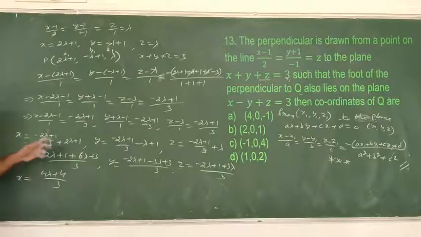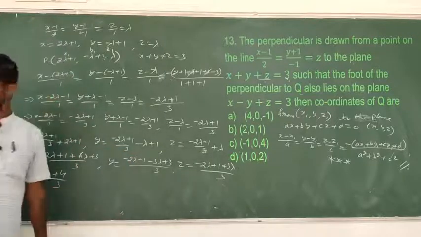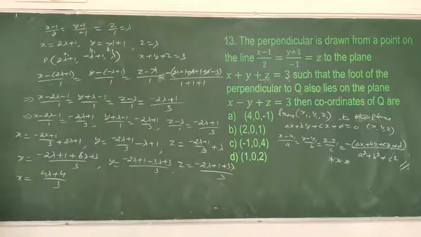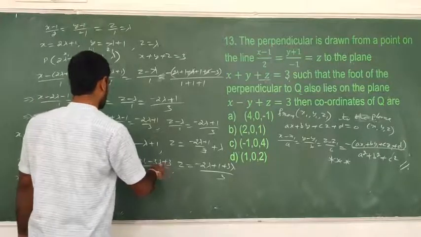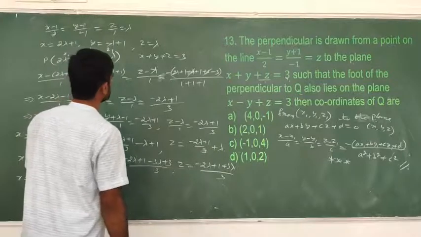So x minus 2 lambda plus 1 is correct. On this side, 6 lambda plus 3 is correct. And this is minus 5, and here plus 3 plus 1, different.